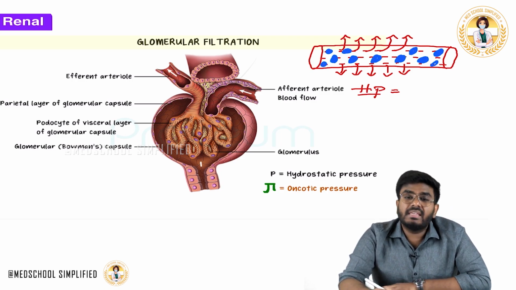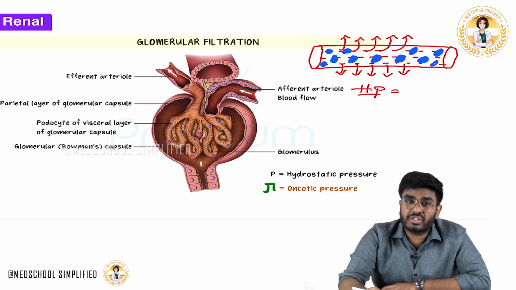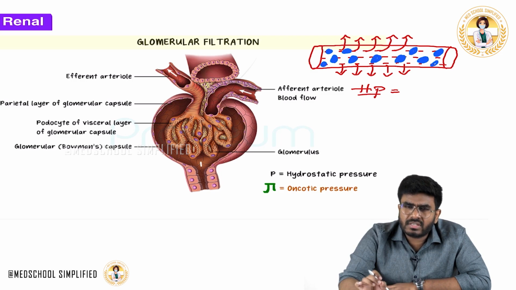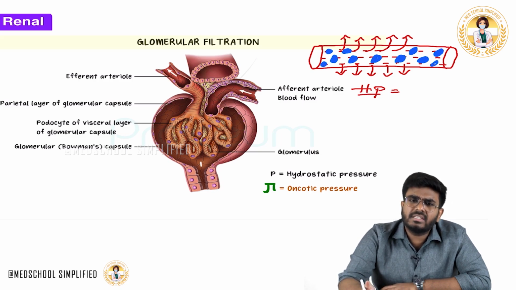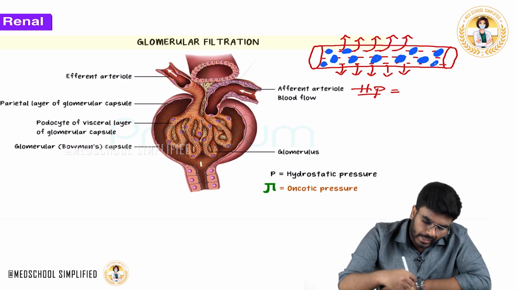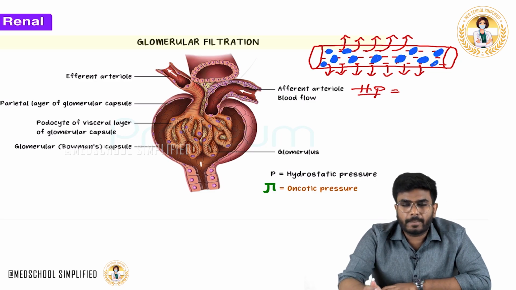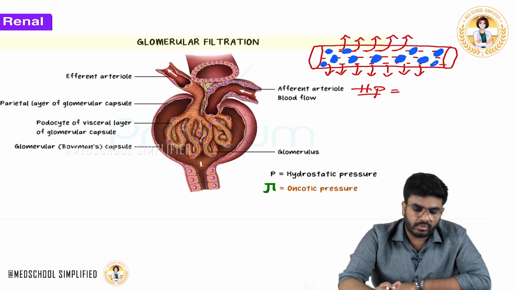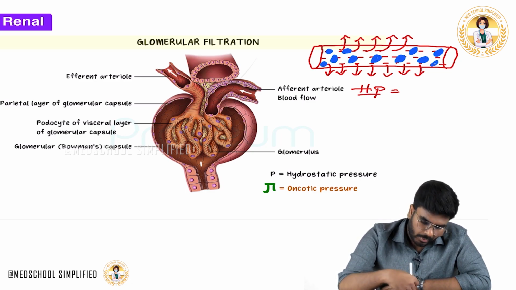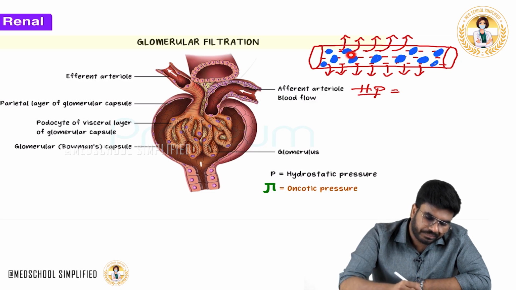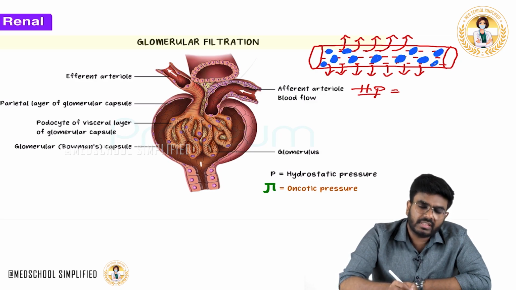Now the pressure because of the albumin is called osmotic pressure. Is osmotic pressure favoring the filtration or is it against the filtration? It's against the filtration. It's an opposing force. Hydrostatic pressure is trying to push the fluid from the capillary into the Bowman's capsule. Albumin, just like a sponge piece, is all the time trying to keep the fluid within the blood vessel.